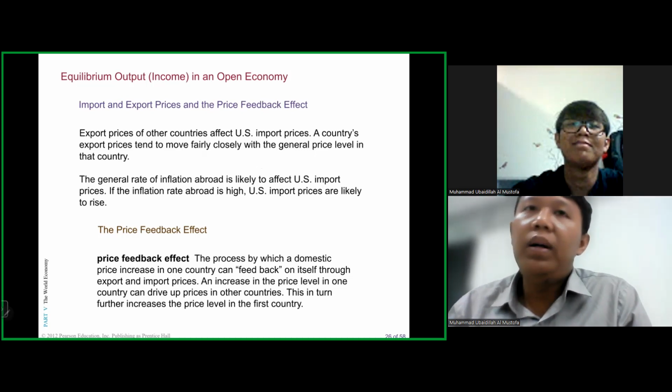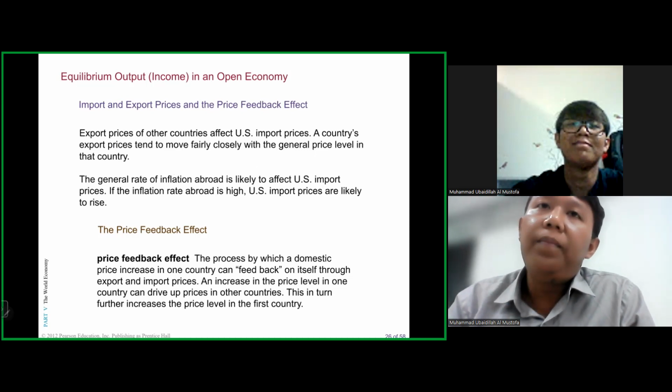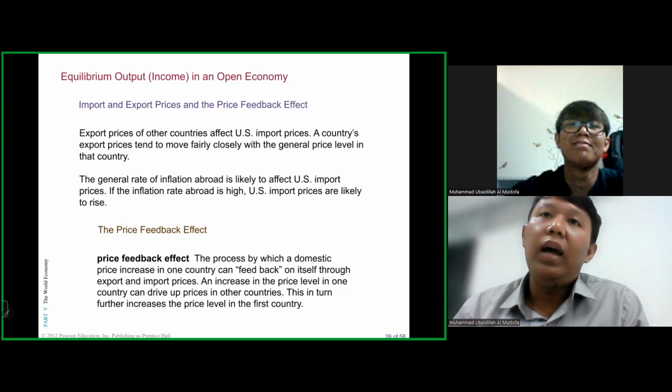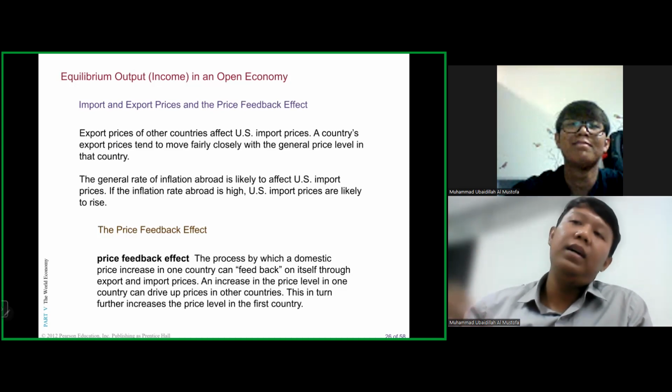So this is also another hypothesis in economics, which says that when we have inflation abroad, it makes import prices increase.